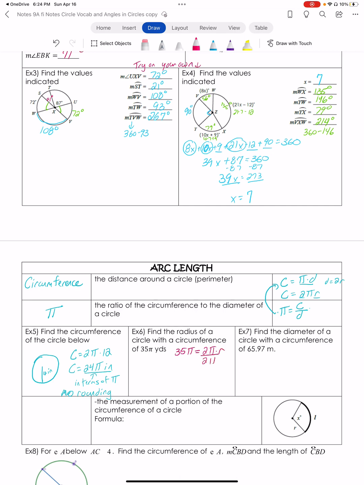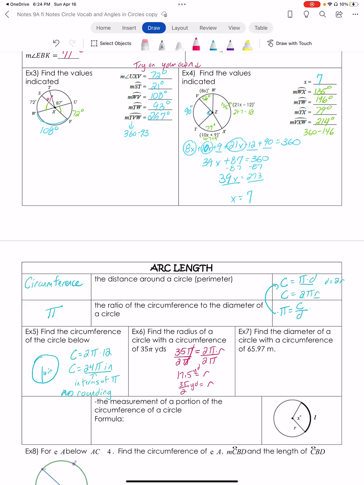I divide each side by 2 pi. The pi's divide out. I end up with 17.5 is equal to r, or 35 halves, and this is going to be yards is equal to r.